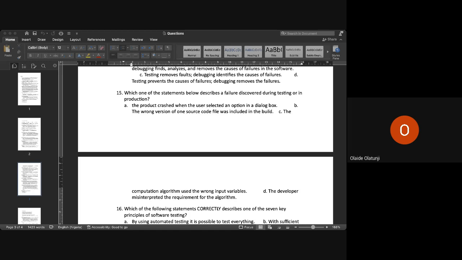Then what is defect? Okay, defect is found during a test process, a test procedure. A tester detects defects while testing.